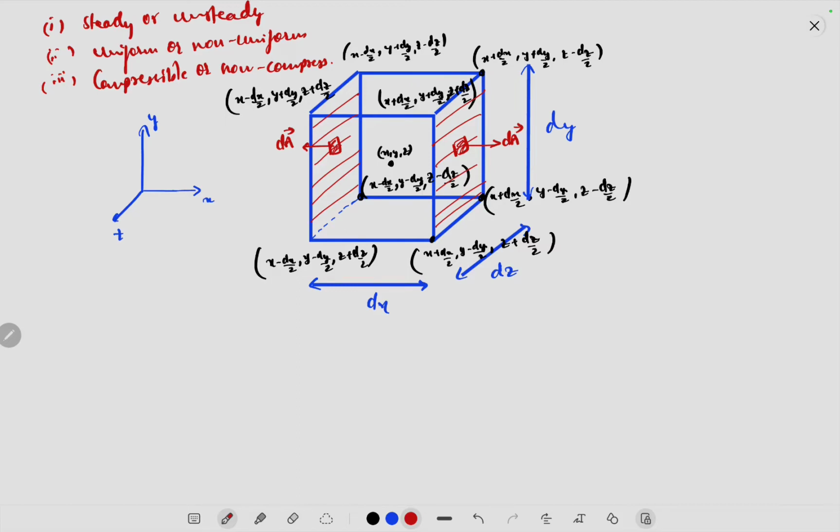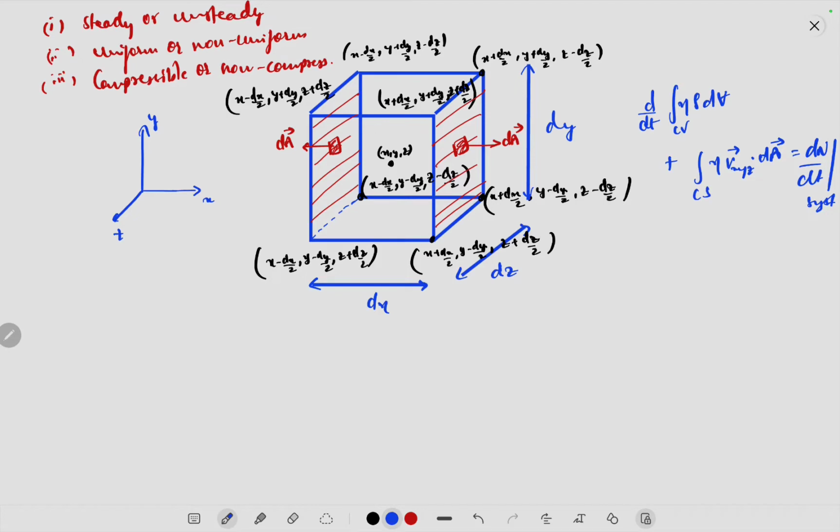Okay, so let's first write the Reynolds transport theorem. The expression is: d by dt integral over control volume plus integral over control surface of eta rho v_xyz dot dA equals dN by dt, and this was for the system.